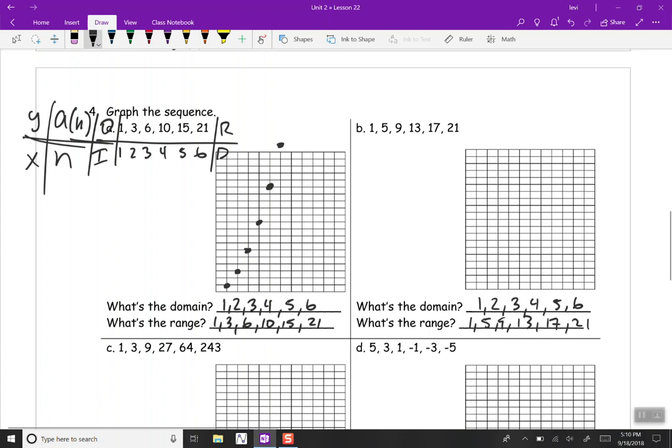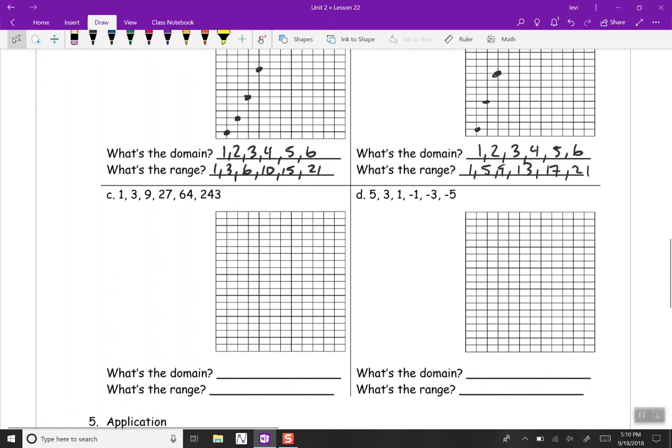And we're just going to plot these again: (1, 1), (2, 5), (3, 9), (4, 13), (5, 17), and looks like we're going up by 4 each time, right?